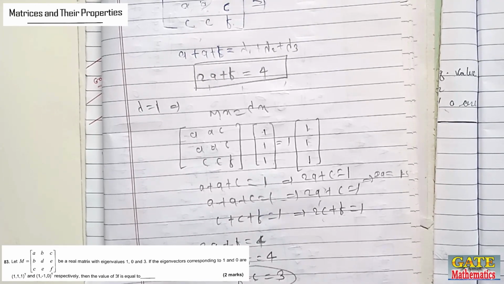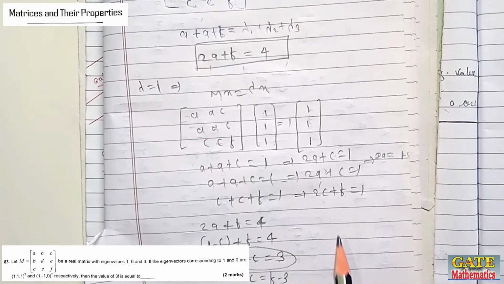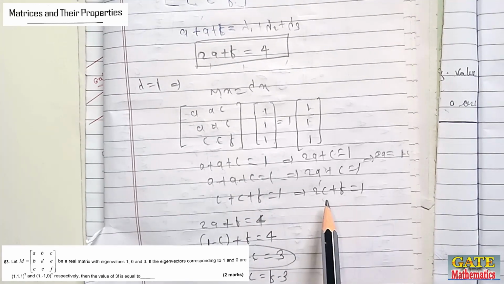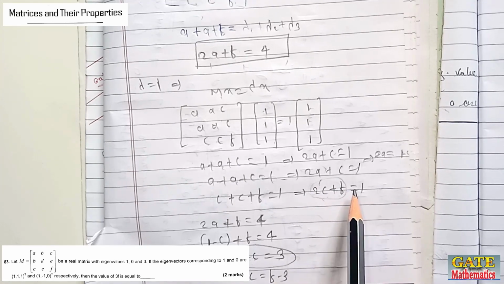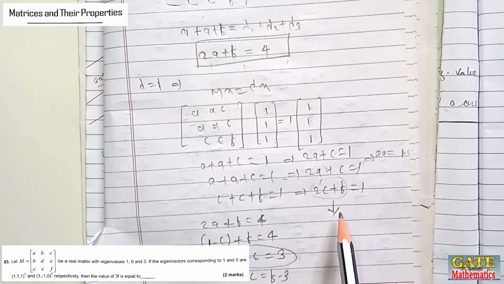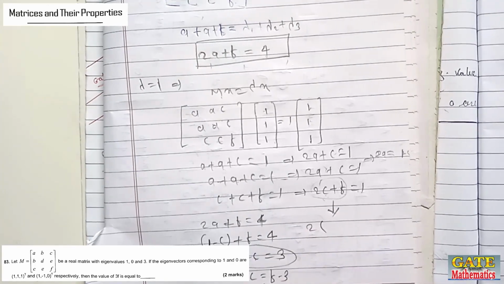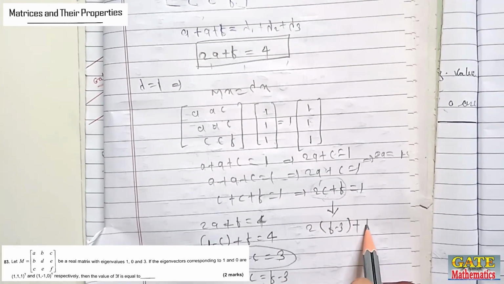Now I want the value for 3 times f. So how can we get 3f over here? Replace in 2c plus f, which is equal to 1, instead of c, put f minus 3. So 2 into the value of c, f minus 3, plus f, which is equal to 1.